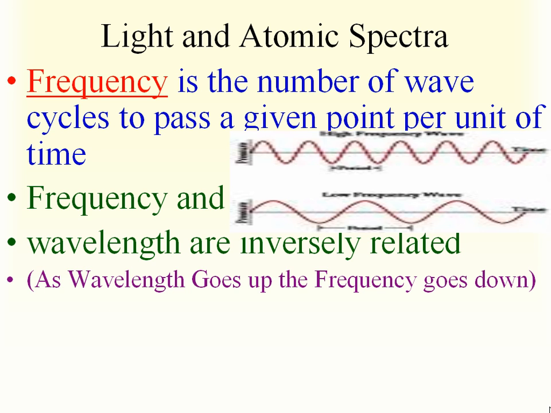As wavelength goes up, frequency goes down. As wavelength goes down, frequency would go up. And this doesn't refer to physically going up or down, it means the length of the wavelength.